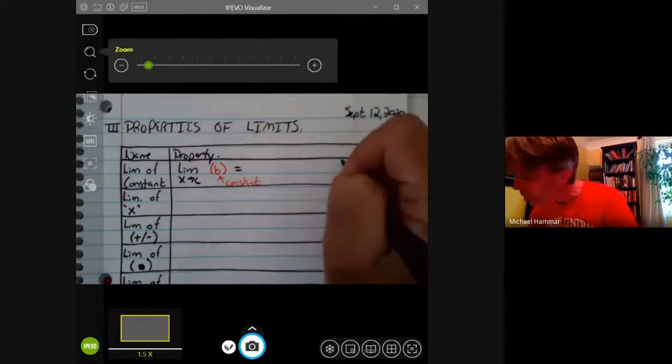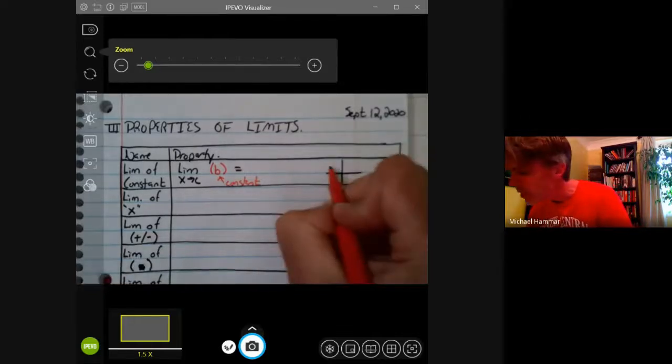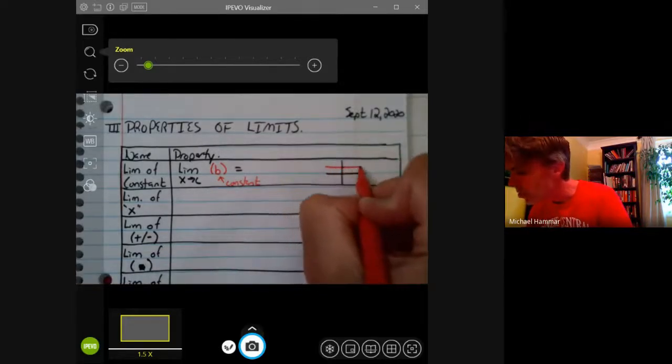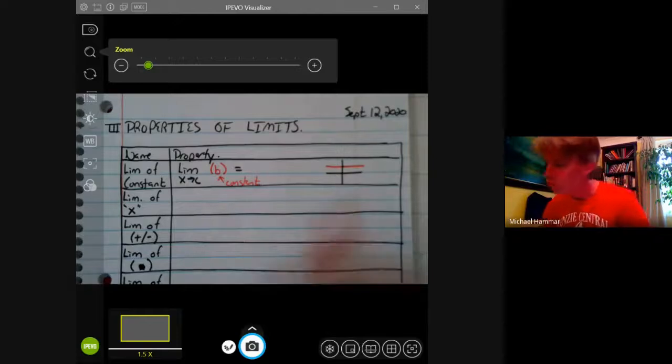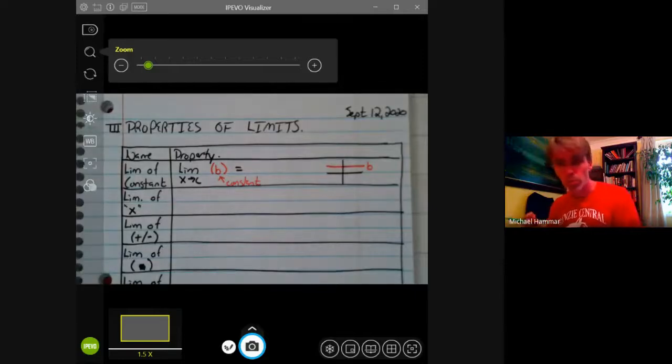Well, when I think about a constant, you need to remember a couple of things. Constants are horizontal lines, okay? Wherever the constant is, it's going to be a horizontal line that goes through that value. So what is the limit when a function is a constant?